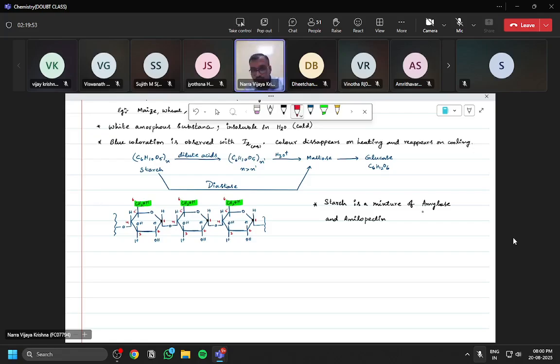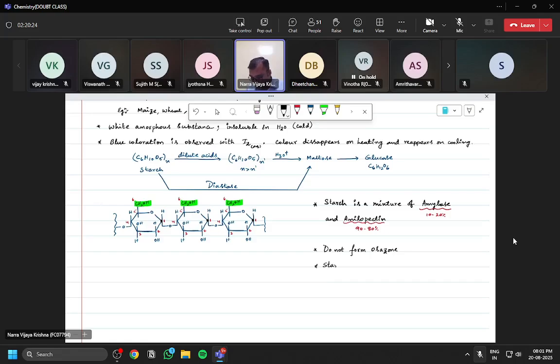Approximately 10 to 20% amylose is present and 80 to 90% amylopectin is present. Now, as there is no free hemiacetal group, starch does not give osazone, and it is not reducing.